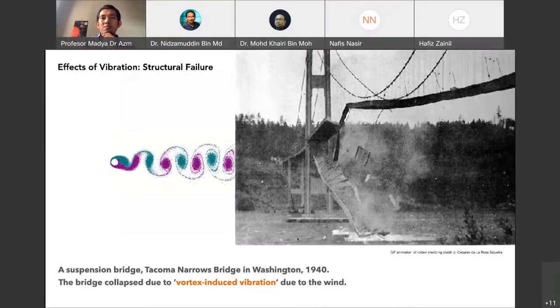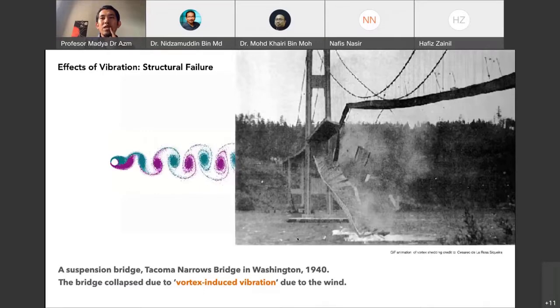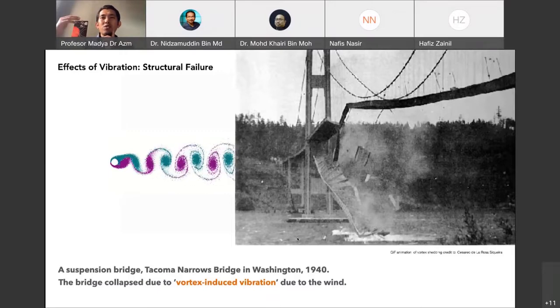Okay, so this is the famous one where every lecturer will post this as a case study. In 1940, quite a long time ago, the massive structure of the Tacoma Bridge collapsed from only the excitation of the wind. It's not a typhoon or heavy wind, it's just a usual wind flowing across the river.